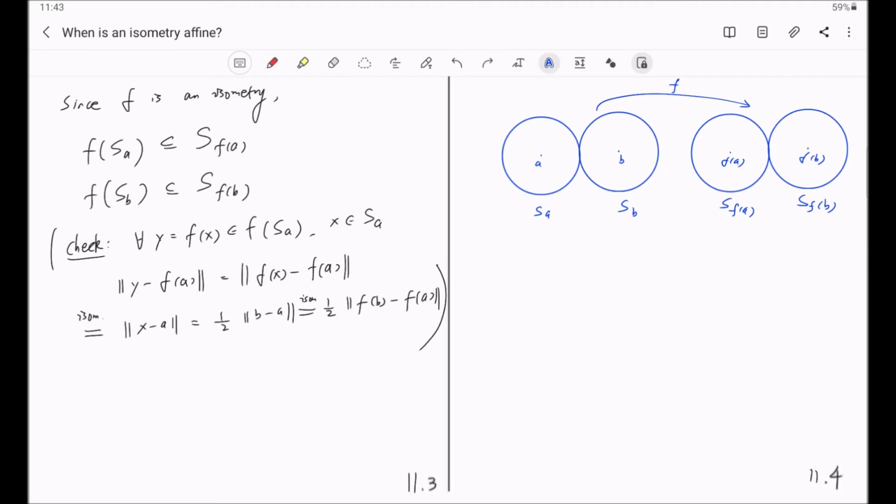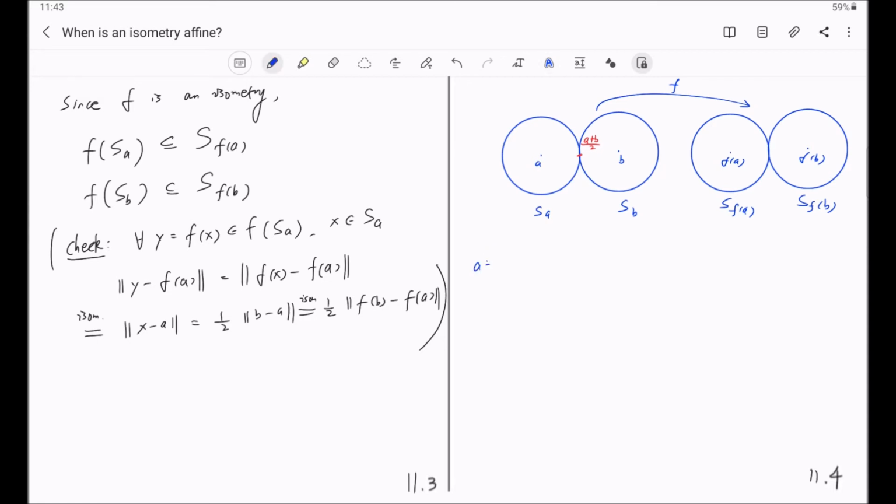Let us first look at the middle point of the line segment from A to B. This point, A plus B divided by 2. You can easily see that this point is in the intersection of those two spheres.